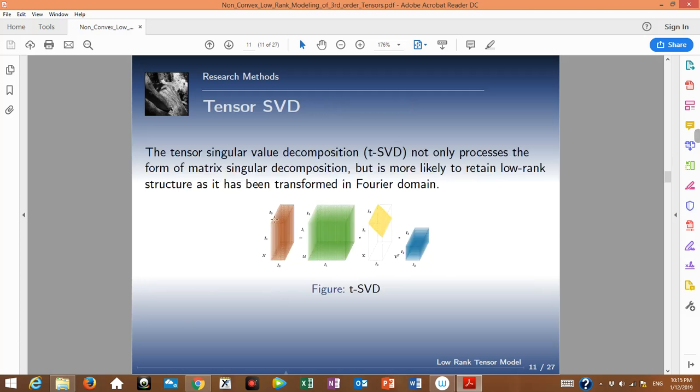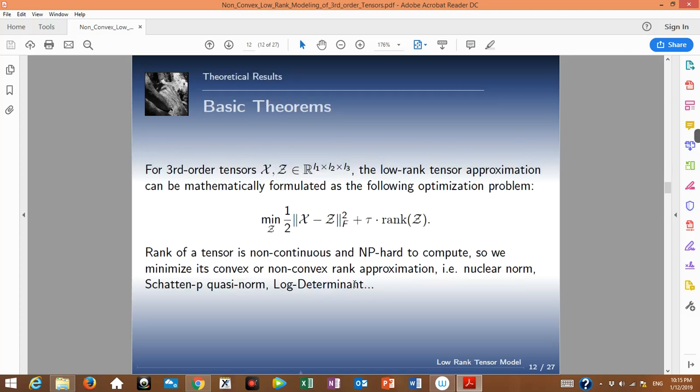And this is a picture for TSVD. This kind of TSVD not only performs matrix SVD in the Fourier domain, but also can retain the low-rank structure. By using this TSVD, it is not hard to solve the tensor rank minimization problem.